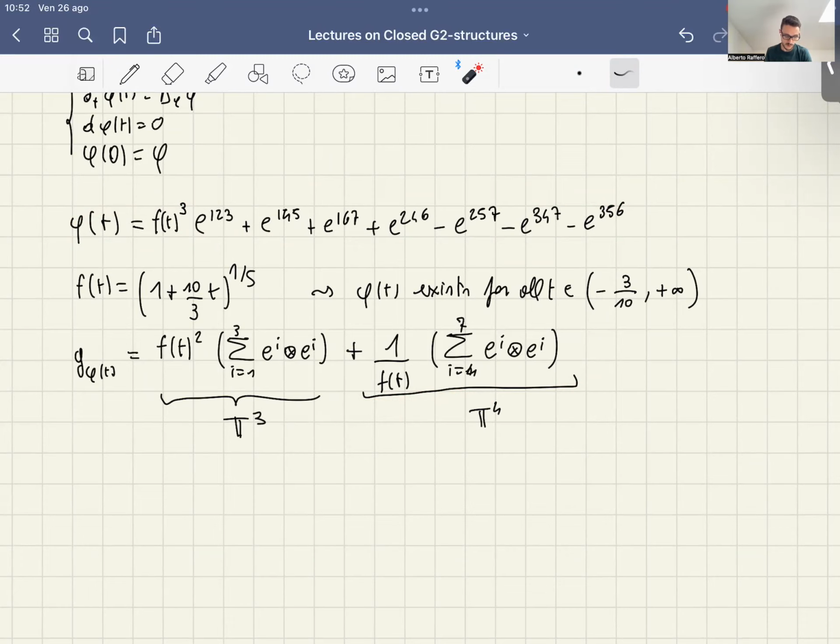So of course, there are some cases where this approach may fail. And of course, as we saw in the second lecture, you have to consider compact manifolds whose topology is good enough, in order to have the hope that the manifold admits torsion-free G2 structures.